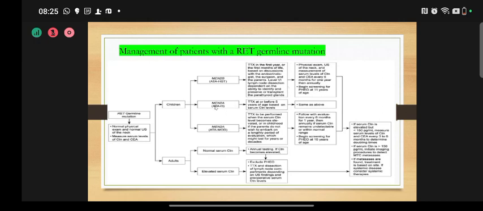If it is a high risk, we should do a prophylactic thyroidectomy before 5 years. And if it is a moderate risk, we can actually wait for the thyroidectomy.